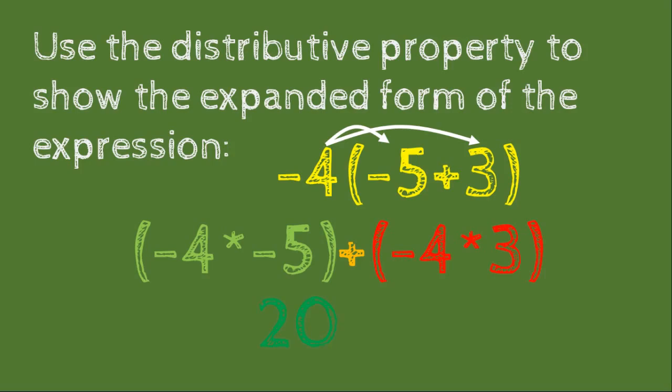We now simplify negative 4 times negative 5. A negative times a negative is a positive, so that would be 20, plus negative 4 times 3, which would be a negative number. Plus a negative number is just minus, so 20 minus 12.